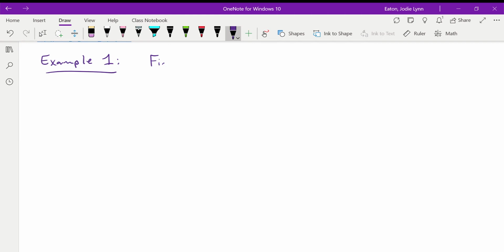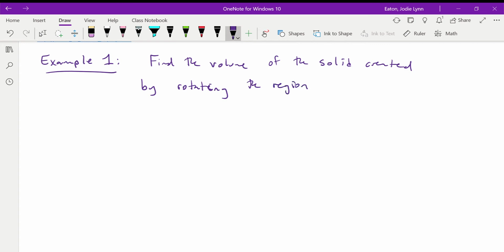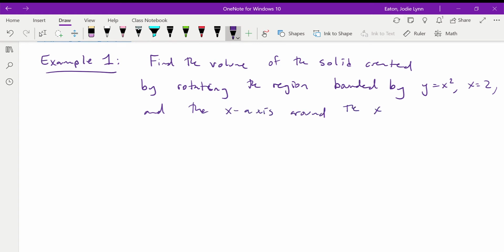We are going to find the volume of the solid created by rotating the region bounded by y equals x squared, x equals 2, and the x-axis, around the x-axis.